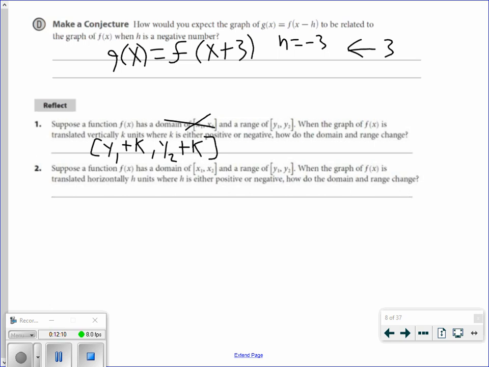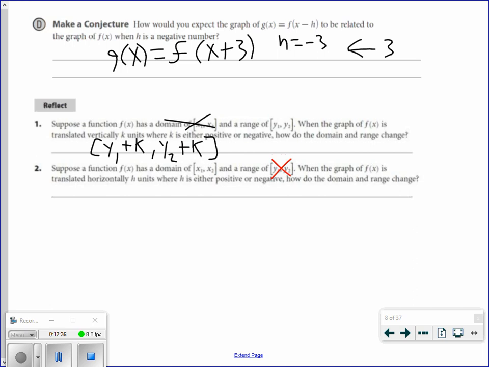And 2, suppose a function f of x has a domain of x1, x2, and a range of y1, y2. When the graph of f of x is translated horizontally h units, where h is either positive or negative, how do the domain and range change? So in this case, when we have a graph and we're just taking it and moving it left and right, we're not changing the y. The y values stay the same, right? We're just moving it left and right. The only thing that's changing is our x terms, right?